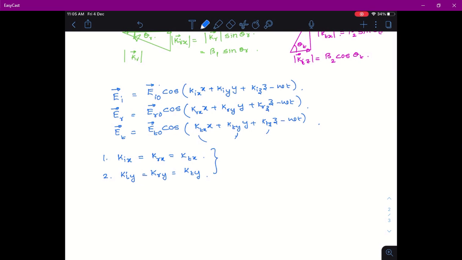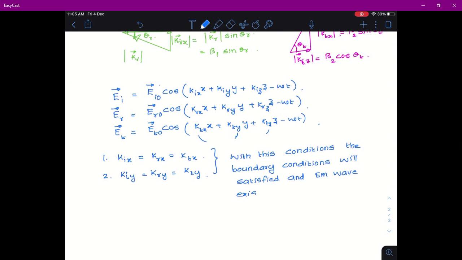With these conditions, the boundary conditions will be satisfied and the EM wave exists in both media.